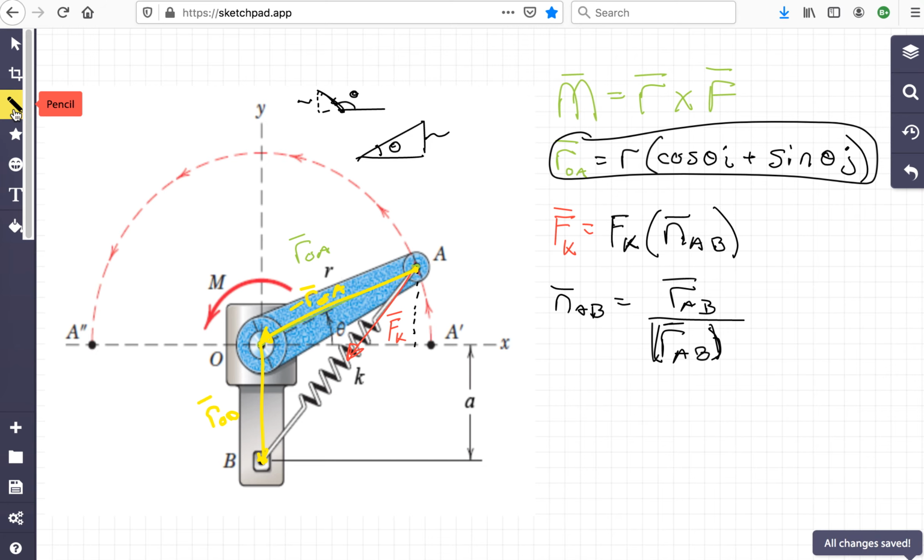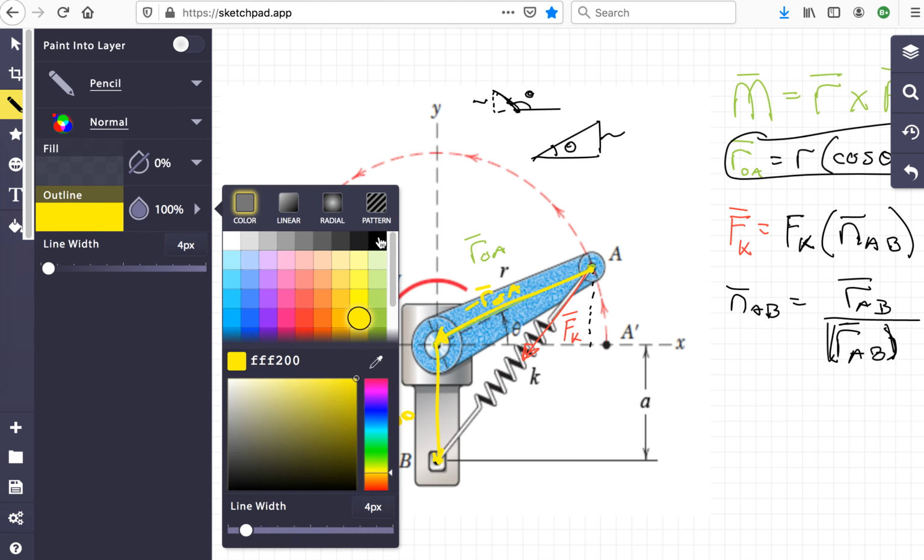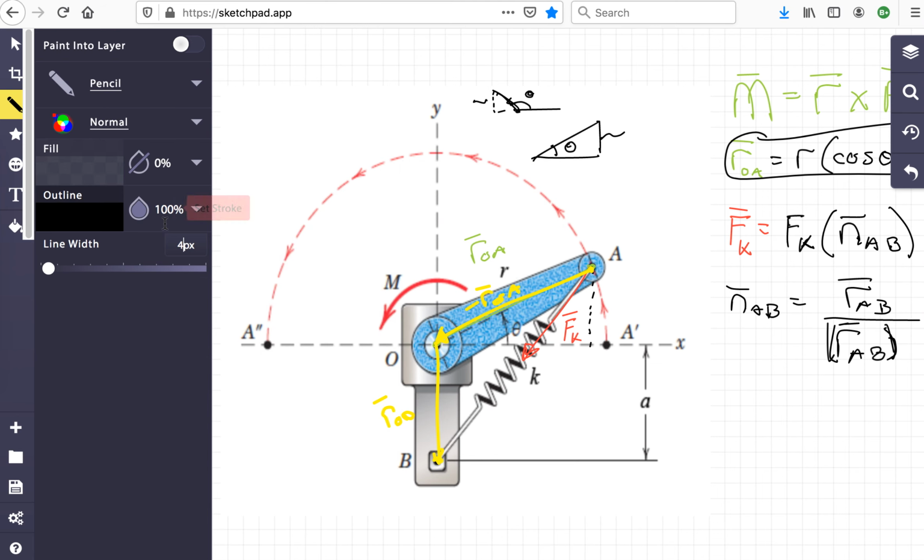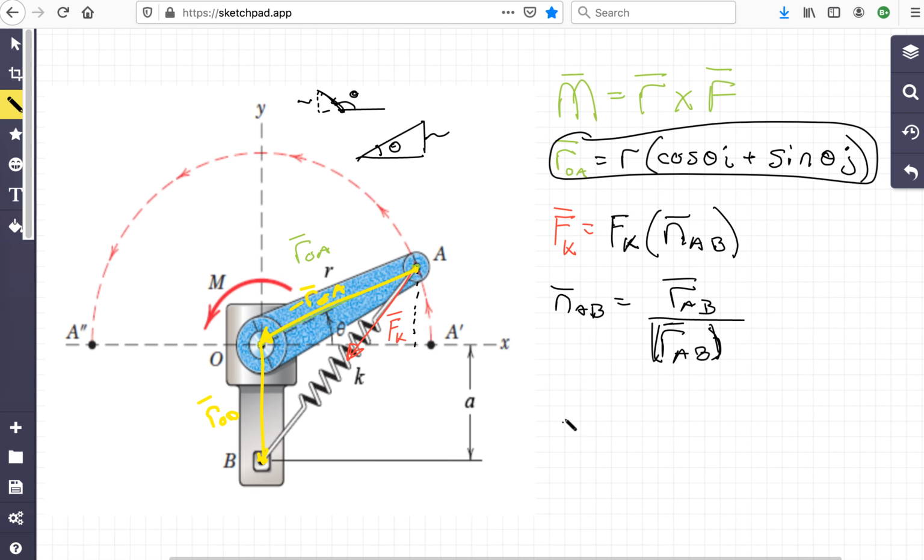So it looks like this. I'm going to change this back to black. I'm going to change this width to 1 or 2. I think it looks better. We go from there. So we say that RAB vector is equal to negative ROA vector plus ROB vector. And we already know what our ROA vector is.